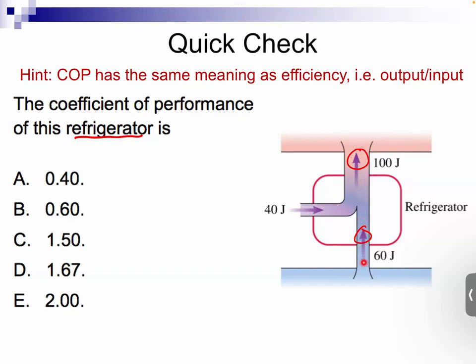So you have energy flow from cold to hot. And the second law of thermodynamics says that work needs to be input in order to facilitate the heat flow from cold to hot.